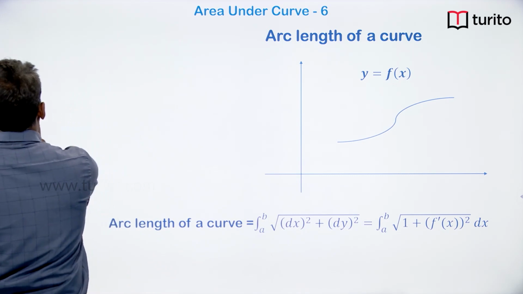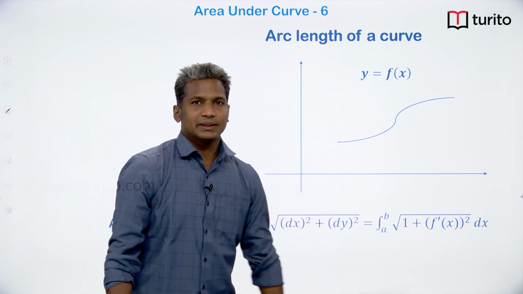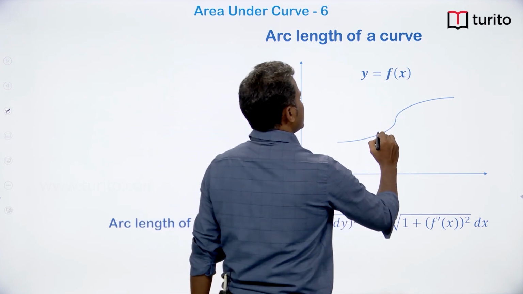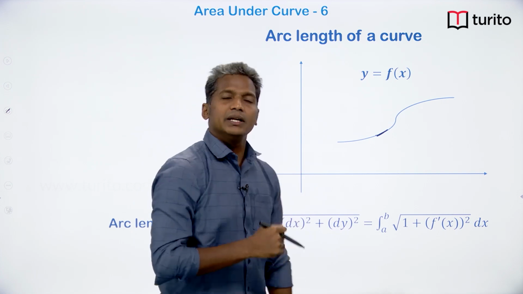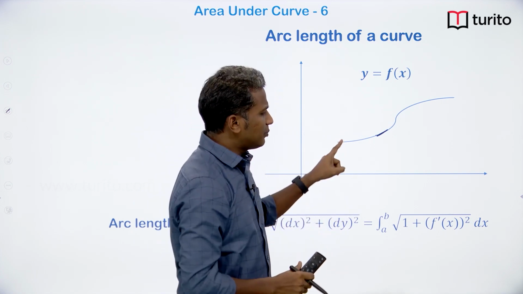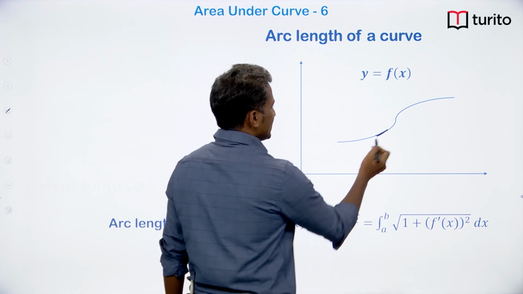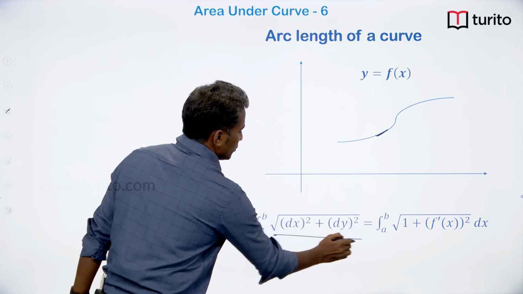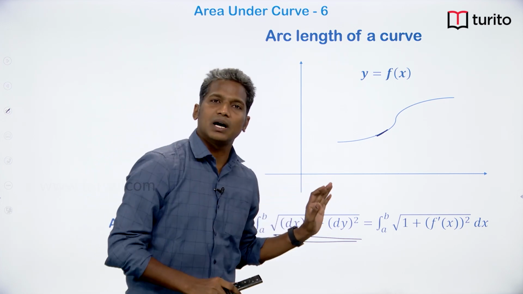If we want to find the arc length, our curve is not strictly parallel to the x axis, it could be anyhow. So, we are taking help of the derivative to find the arc length. Basically, if we take root of dx square plus dy square and integrate this, we get the arc length.